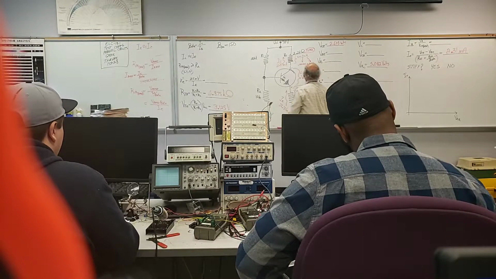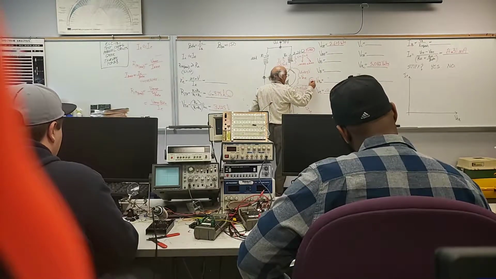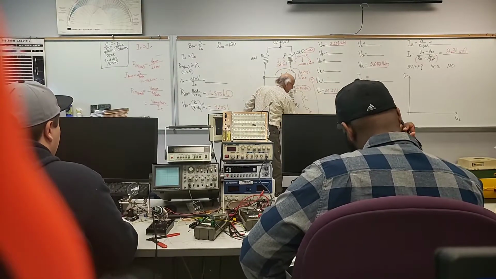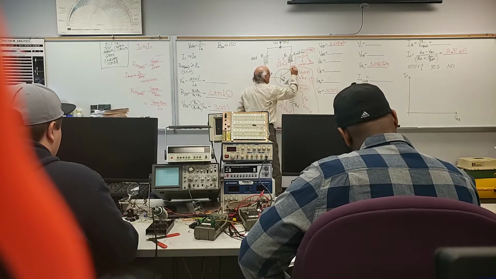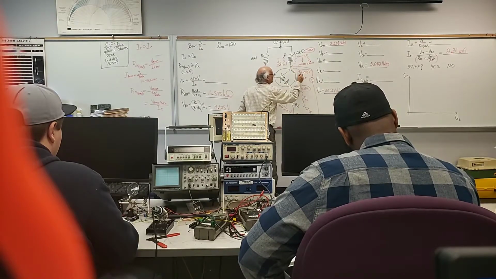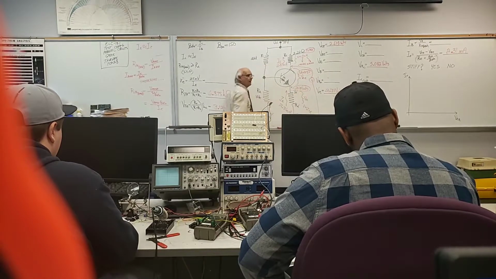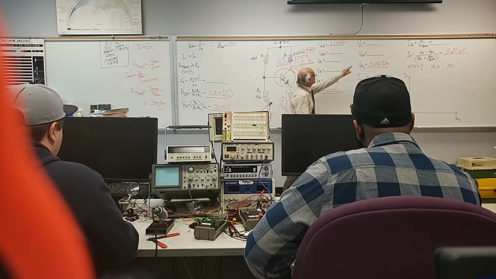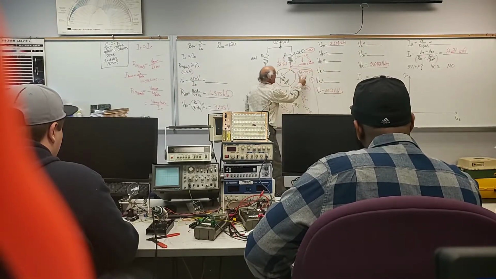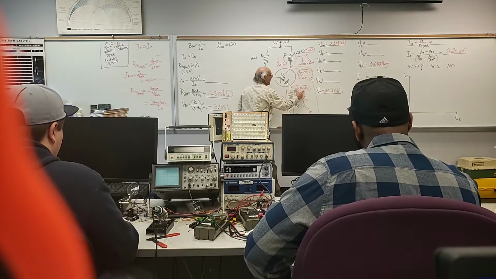If I took a voltmeter and measured from ground the voltage at the collector terminal, wouldn't it be that voltage right there sitting on top of that voltage right there? So the voltage at the collector terminal is going to be the sum of that number and that number.